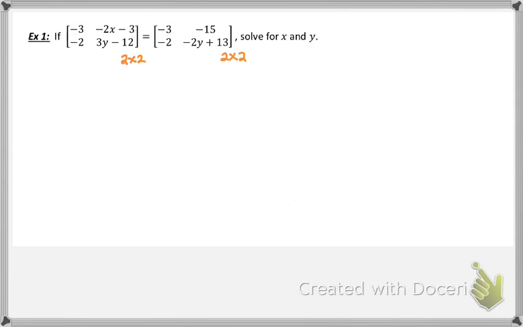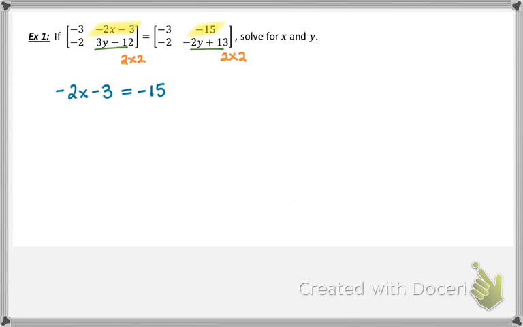we've got -2x plus 3 and -15, and they should be equal. So in order to solve for x, all I have to do is set them equal to each other. So if the two matrices are equal, then -2x minus 3 should be equal to -15. And similarly, the elements in the second row, second column should also be equal.